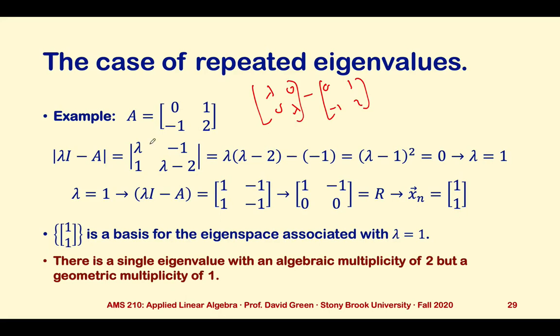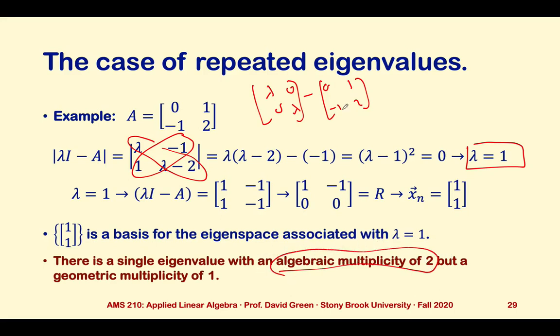This gives us lambda minus 0, negative 1, plus 1, and lambda minus 2. We compute lambda times (lambda minus 2) minus 1 times negative 1. This gives us, when we factor this out, (lambda minus 1) squared equals 0, giving us one eigenvalue with an algebraic multiplicity of 2, the 2 in this factored breakdown.